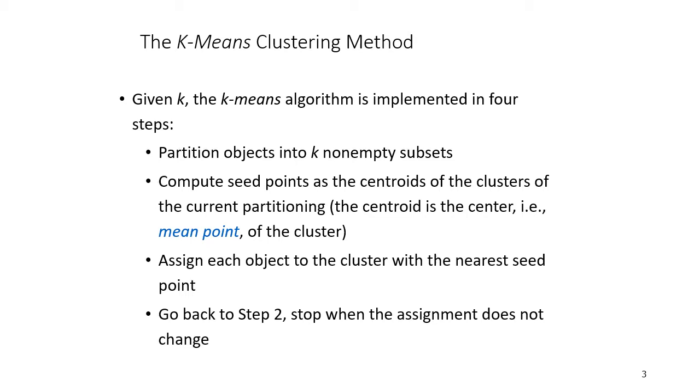After that, we go back to step 2 and keep repeating until the assignment is no longer changing. So the iteration stops at a point where there is no change between the previous and the current output.